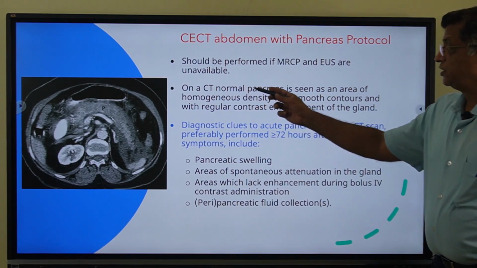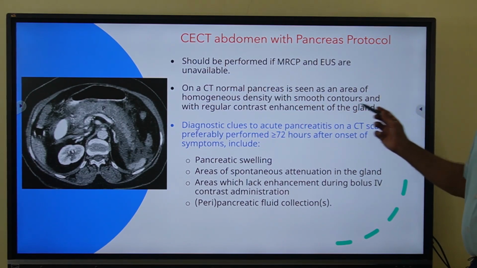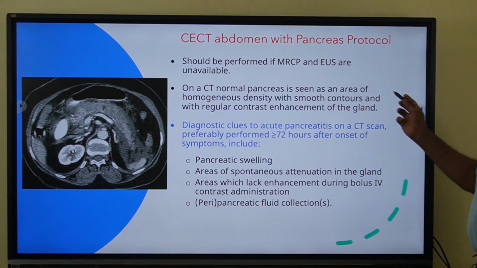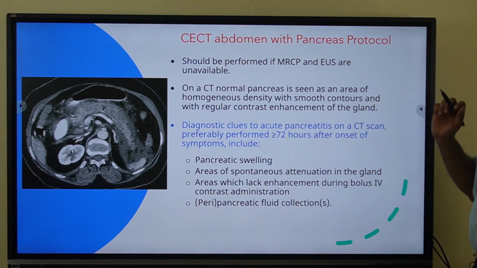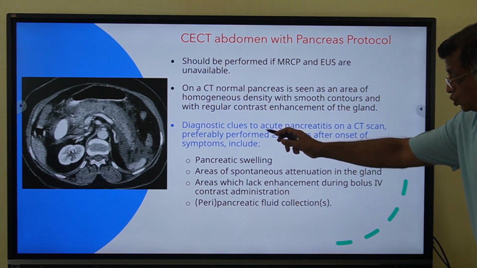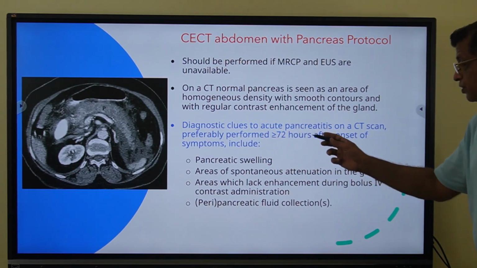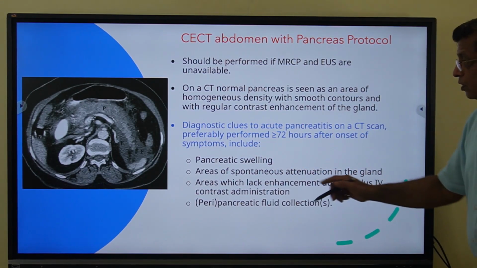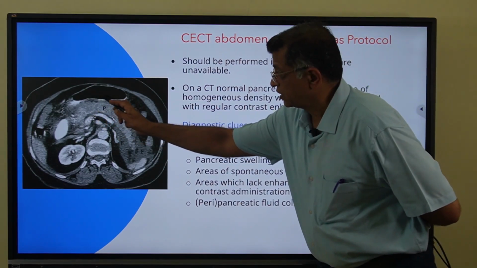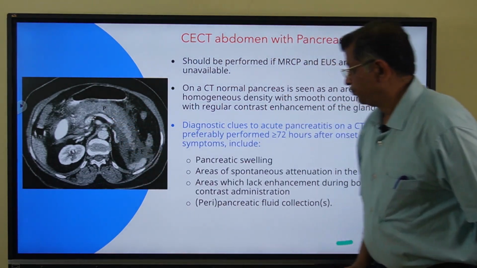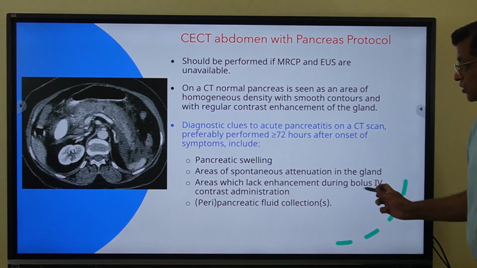On a CT, normal pancreas is seen as an area of homogeneous density with smooth contours and with regular contrast enhancement. Diagnostic clues to acute pancreatitis on a CT scan, preferably done more than 72 hours after the onset of symptoms, include pancreatic swelling. You can see the pancreas has swollen. Areas of spontaneous attenuation in the gland.